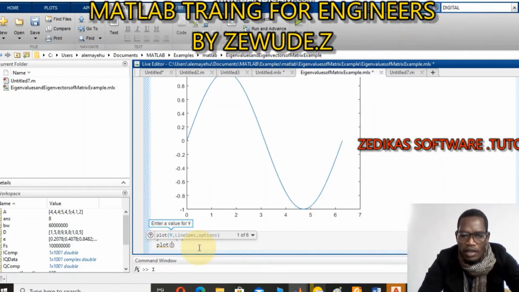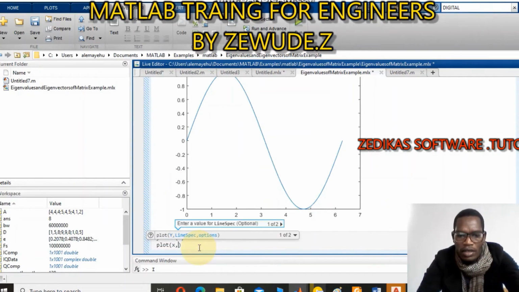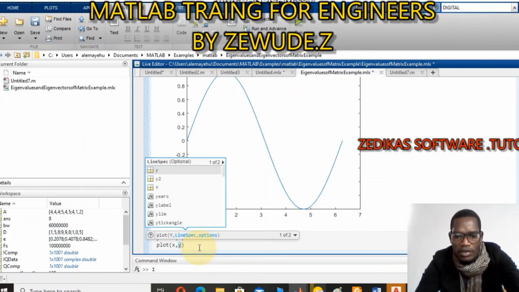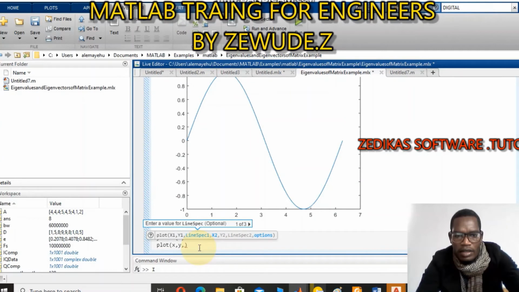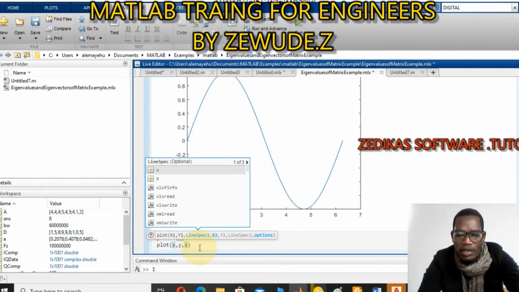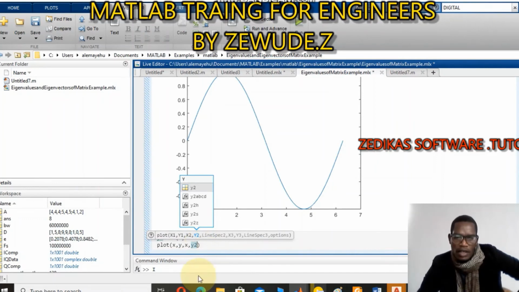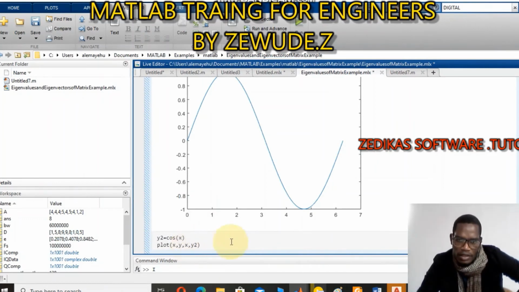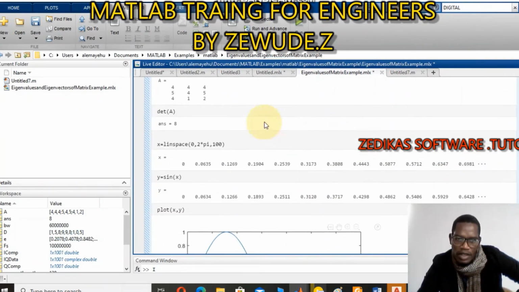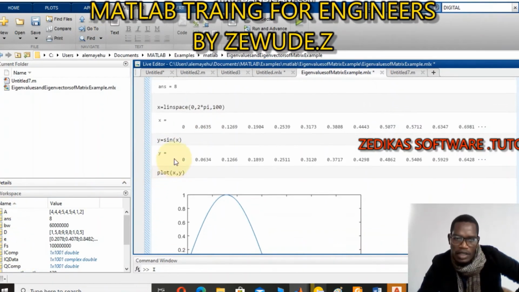Plot x comma y comma x comma y2. You have to see here the difference: in the first graph, the x value is a linspace and the y graph is sin x.